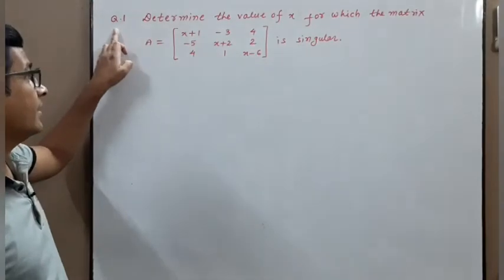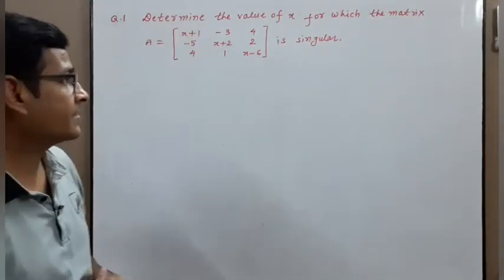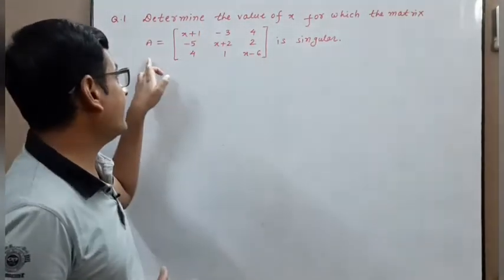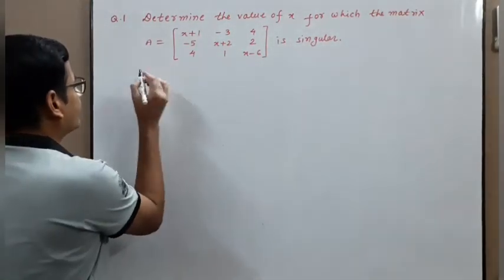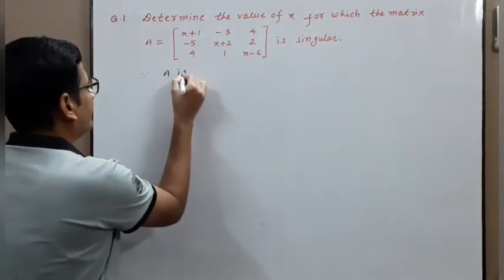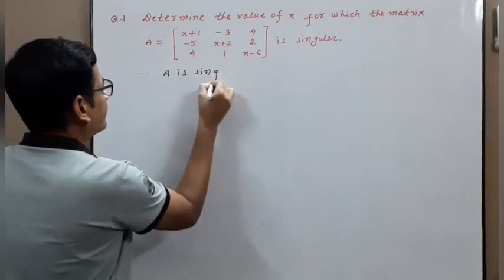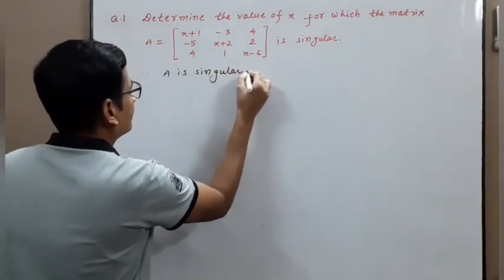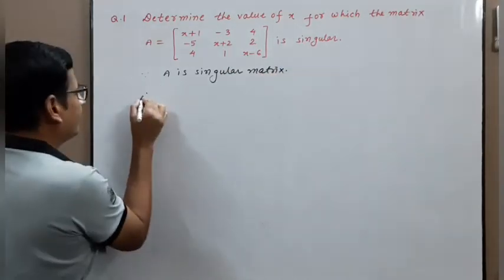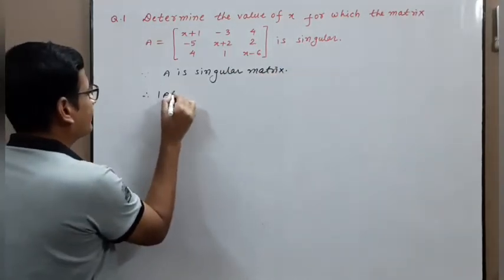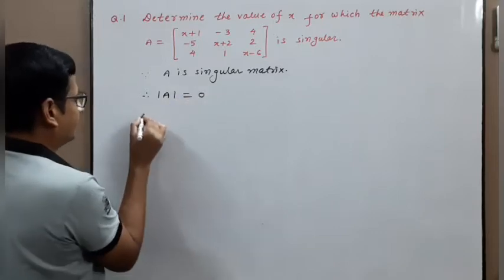Problem number 1. Determine the value of x for which the matrix A equal to this is singular. Since A is singular matrix, therefore determinant of matrix A is equal to 0.